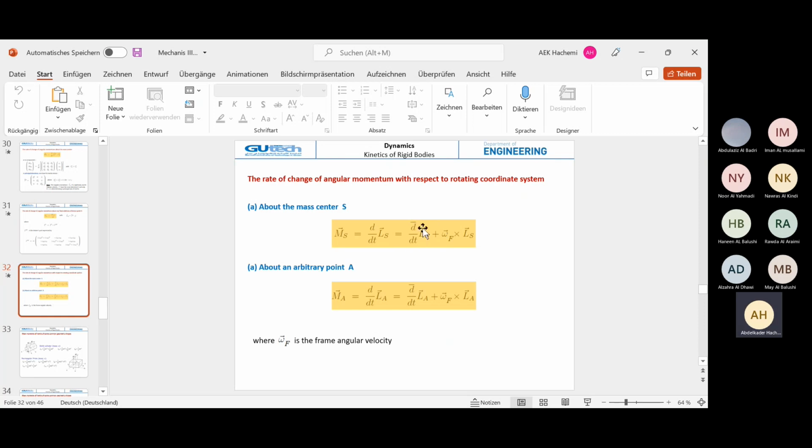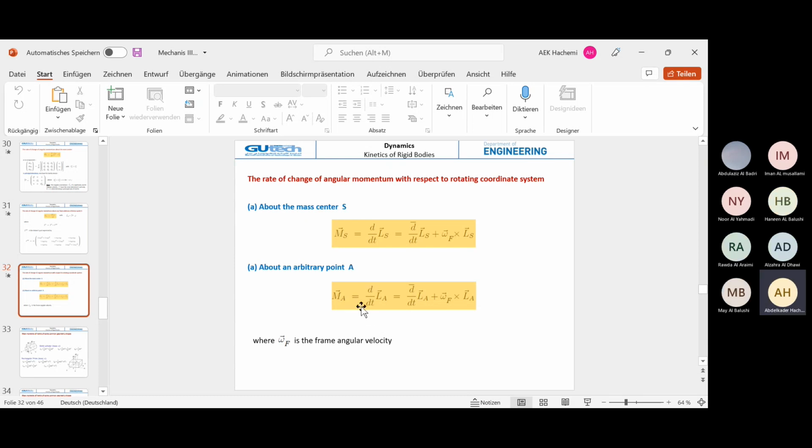That means we will get only the second term here, omega frame cross LO. The relation which is applied here is about the mass center S or about an arbitrary point A. In our case, our point is O. Then we will get MO.